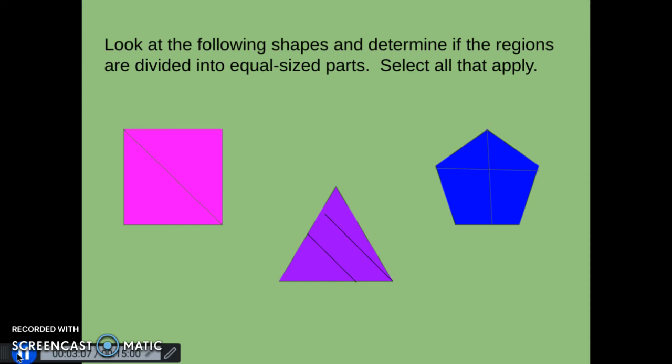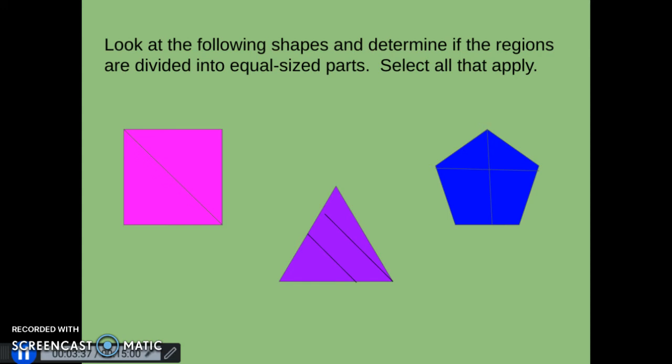So if I'm looking at the first one, which is a square, I see that it's split into half. I'm thinking about looking at that particular piece. If I were to fold it over, would it be equal? So again, I'm thinking about what this represents here. If I have a whole that is broken into two parts, how would I look at that in regards to fractions?